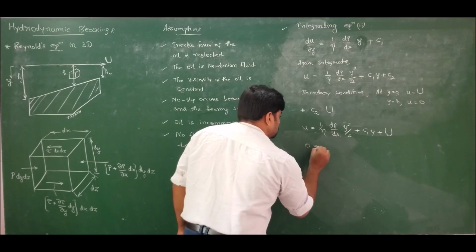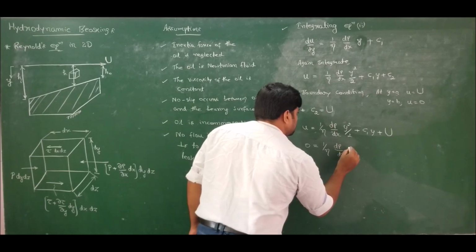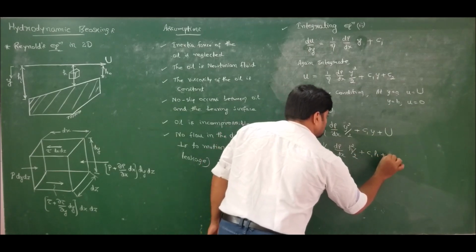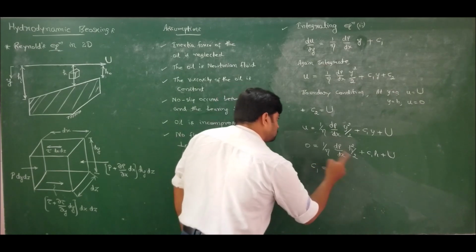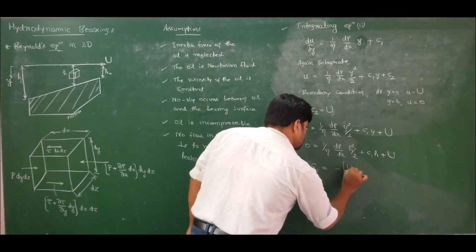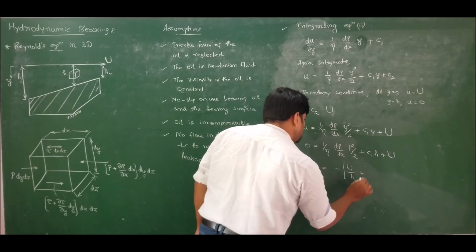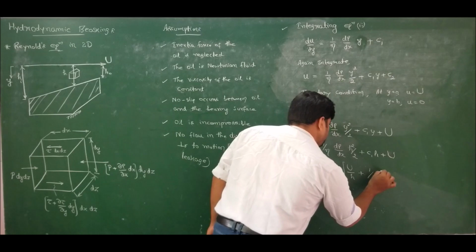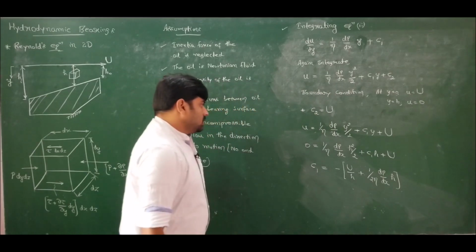So 0 is equal to 1 by eta dp by dx, this is h square by 2, plus C1h plus capital U. So hence C1 will become minus of capital U by h, minus, so minus is taken out, it will become plus 1 by 2 eta dp by dx into h, correct?